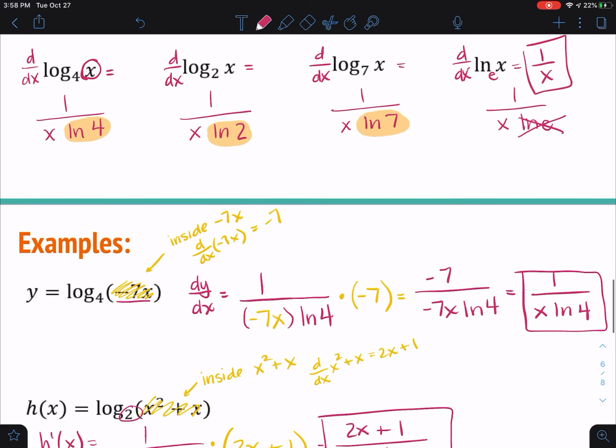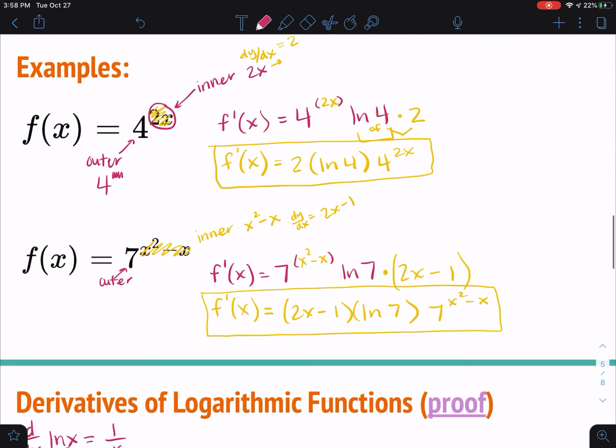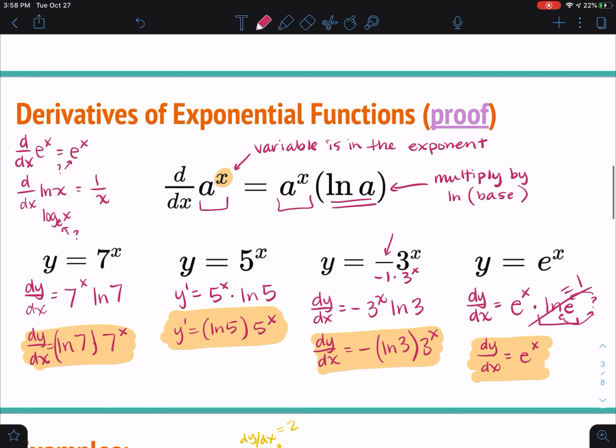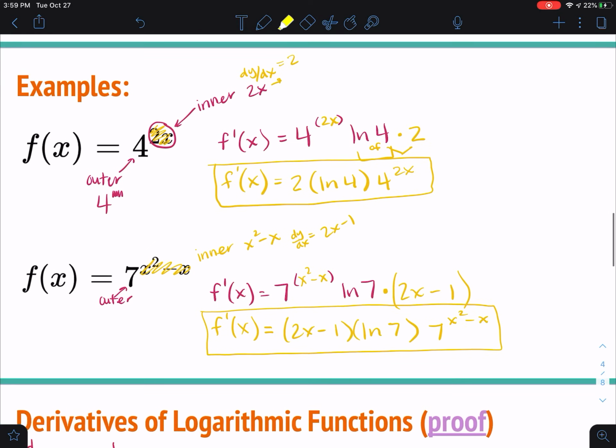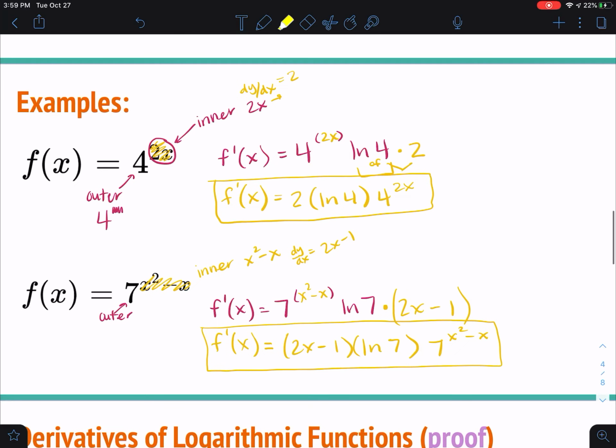Okay? So just a little review. The derivative of an exponential function is going to stay exactly the same, and then you just have to multiply by the natural log of the base. Okay, so that's the little extra thing that's thrown in there that's different from e to the x. Chain rule, you still have to multiply by the derivative of the inside after you do the derivative.